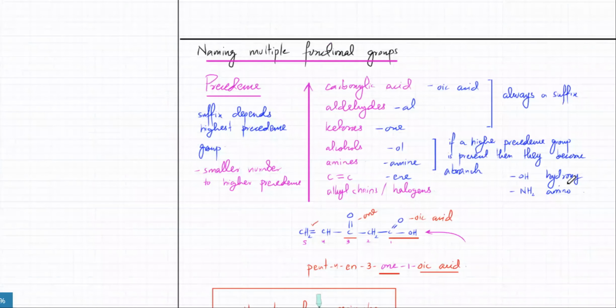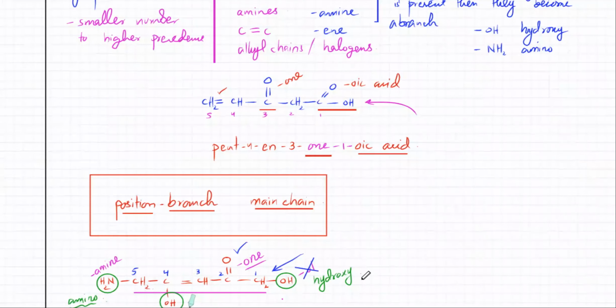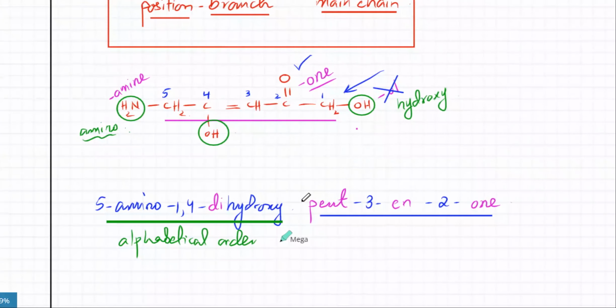They would be considered branches, and branches would be written in front of the main molecule. So you had 5 carbon atoms. The main molecule was pent. It had a double bond, so instead of AN, it was EN, and it was a ketone, which was more important. So the name of the molecule was based on the ketone functional group, which gave it ON at the end.